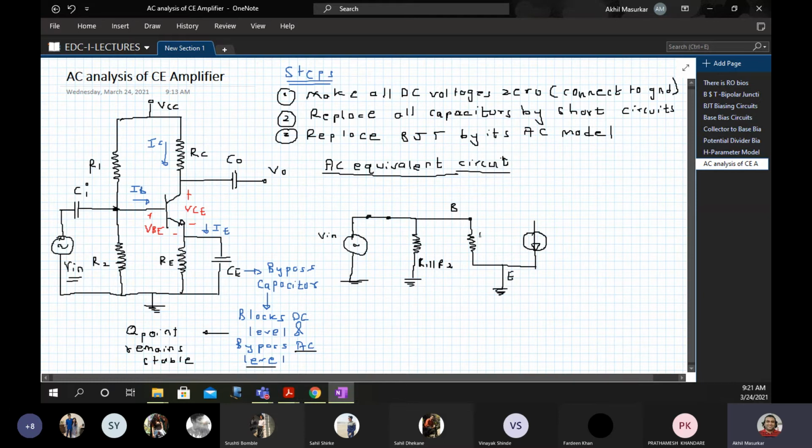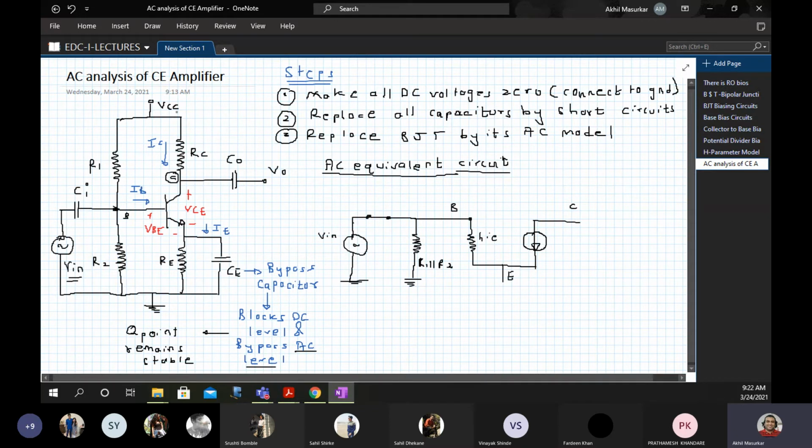So here I will write HIE. Now let me write one extra step here. Then this is my collector. So this is base, emitter, and this is my collector. Now VCC I am going to connect to ground.